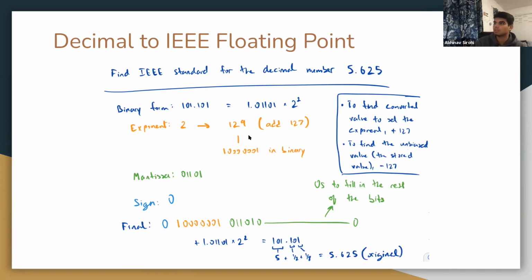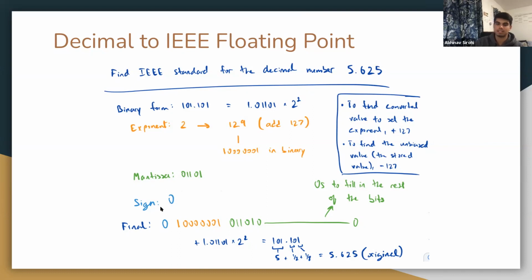We have to account for the bias. We convert that to binary, and the mantissa here is everything after the decimal point. So the mantissa is 01101, and the sign bit here is a 0 because it is a positive number.